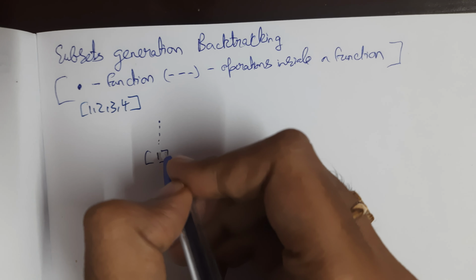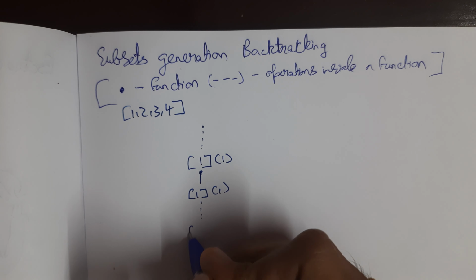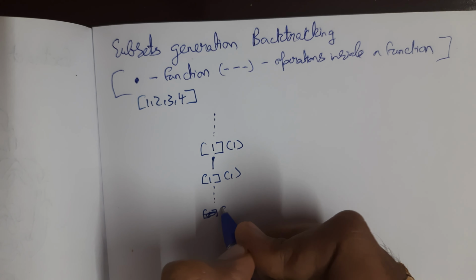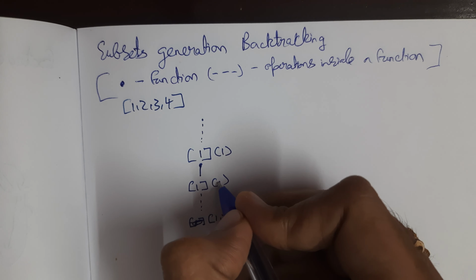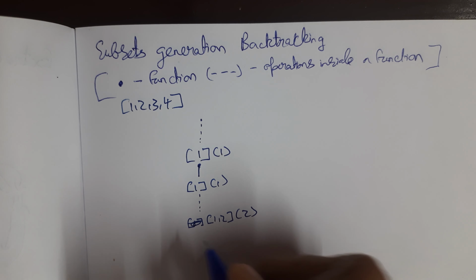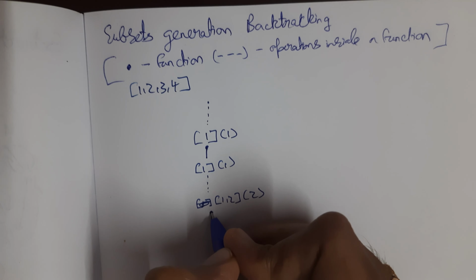So this 1 will be passed as a parameter to the next function. The next function has this as the input, and then we are going to add 1 comma 2 to the subset, and then we'll be incrementing this input parameter by 1, which is 2, and then we are going to the next function. That is what this dot represents.